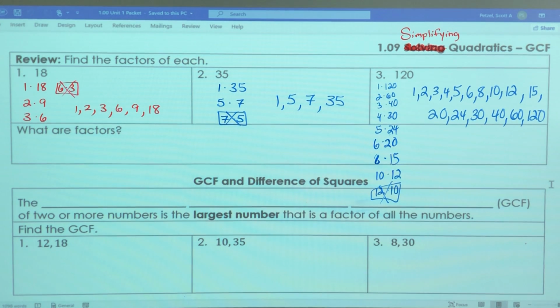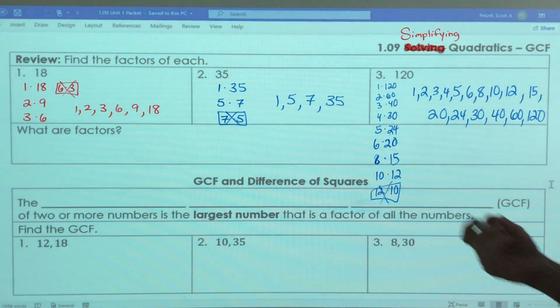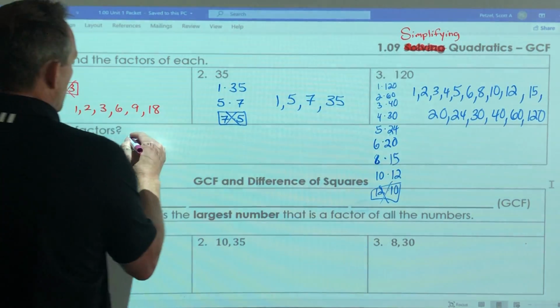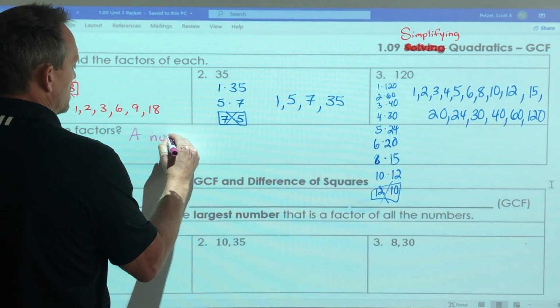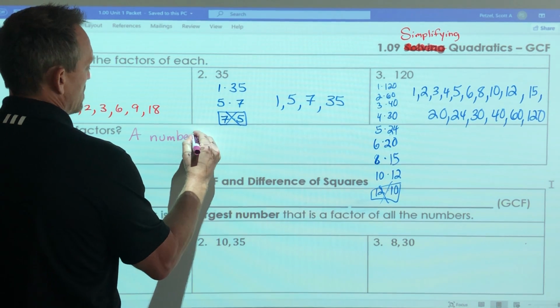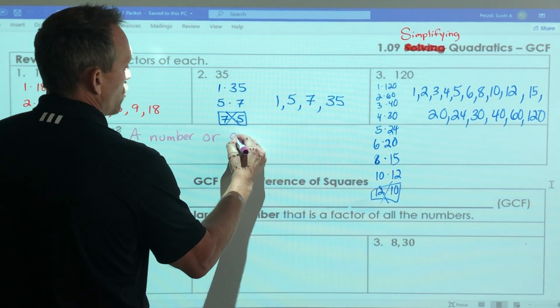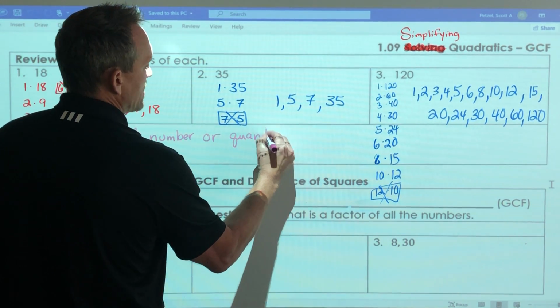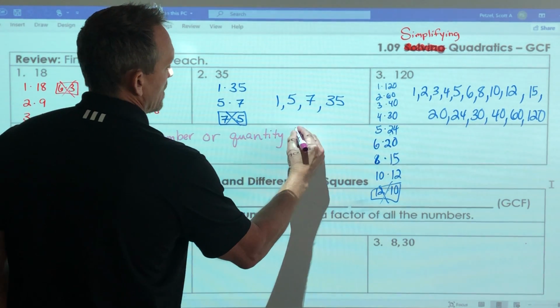So now, what is a factor? I'm going to give you the clinical definition. It's a number or quantity that when multiplied. So we have a number or a quantity. Why do we say a quantity?